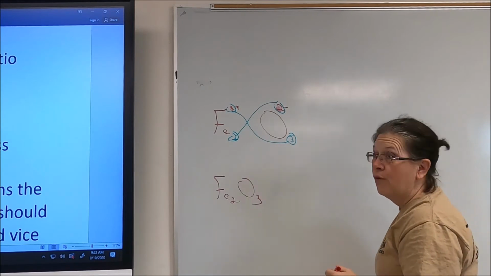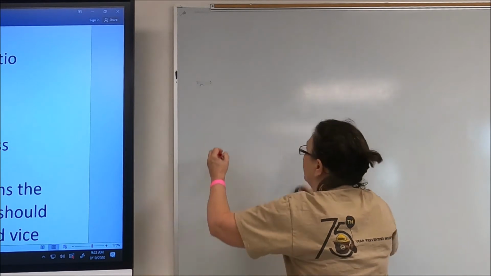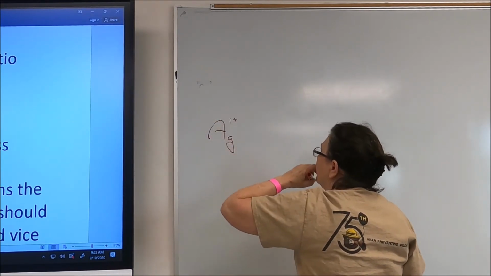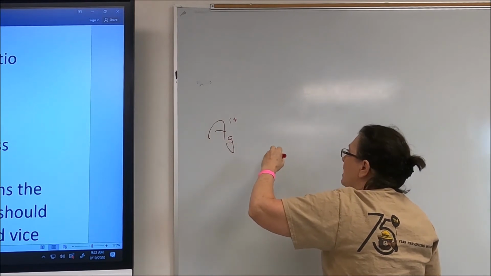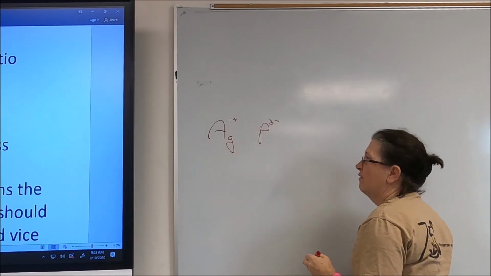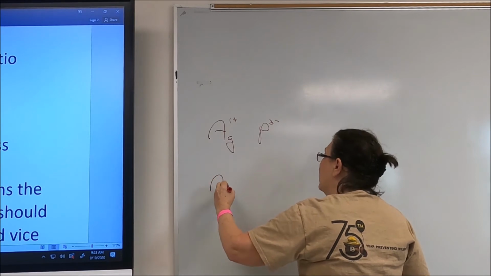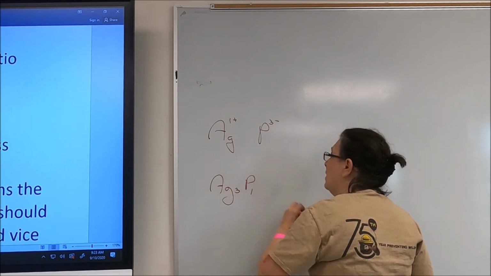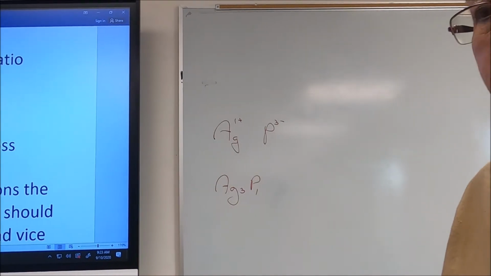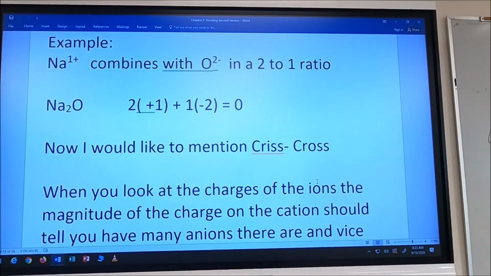Starting to get the feel for it. If I took silver 1+, and I combined it with phosphorus 3-, the phosphide ion, silver ion, phosphide ion, we should get Ag3P1. So that should be doable, right? Not too bad. Now, let's scroll on down here.